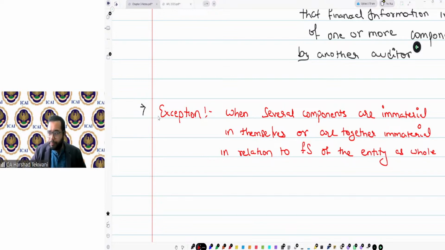Okay, so when the several components are immaterial in themselves or are together immaterial in relation to the FS of the entity as a whole, I can apply the exception and I will not follow the standard.